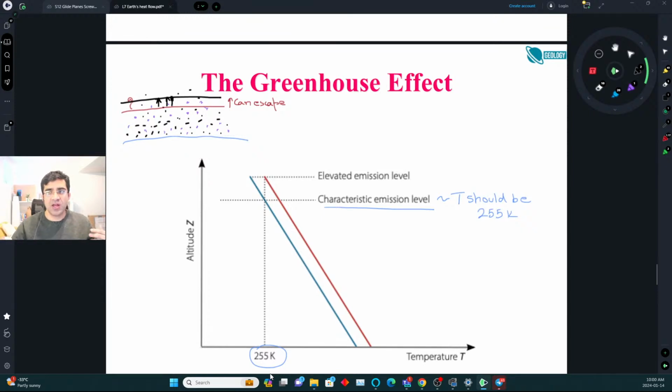Now there is what is called a lapse rate. Do you know what a lapse rate is? Temperature decreases with height, with altitude. Do you know its value? 6.5 degrees Celsius per kilometer.